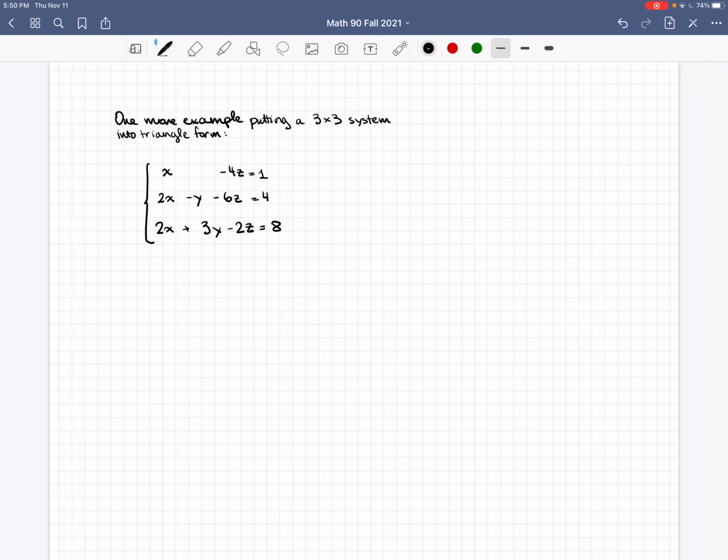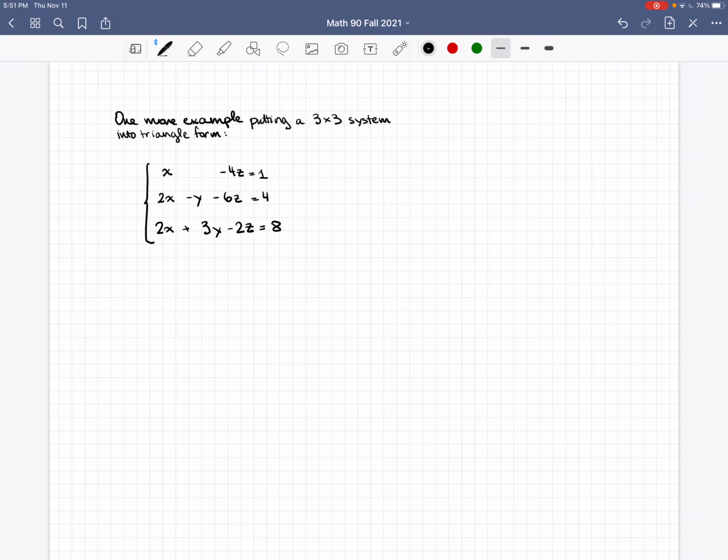Putting a system into triangle form is all about taking a holistic look at the system, seeing where it's different from triangle form and what you need to do to change it, and then going through the steps to change it into triangle form.